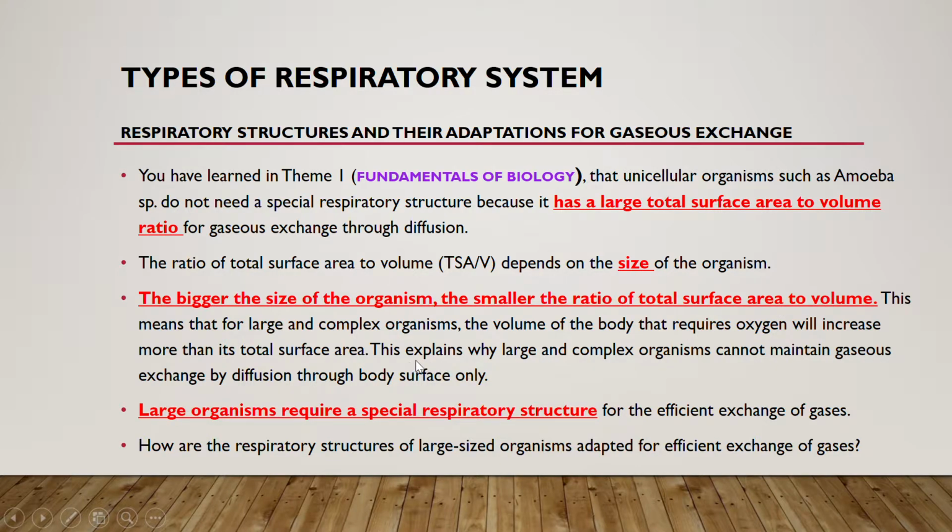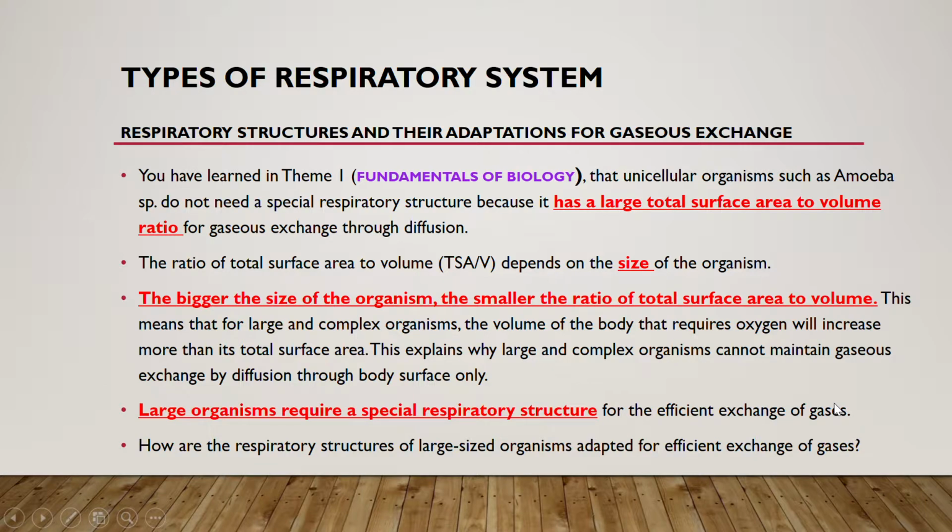This explains why large and complex organisms, the multicellular organisms, cannot maintain gaseous exchange by diffusion through the body surface. Therefore, large organisms require a special respiratory structure for efficient exchange of gases.